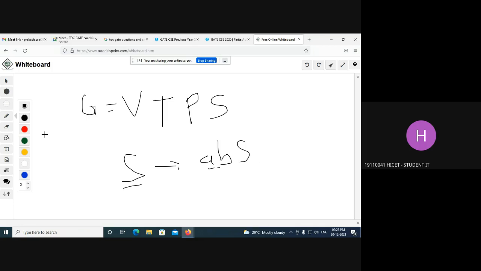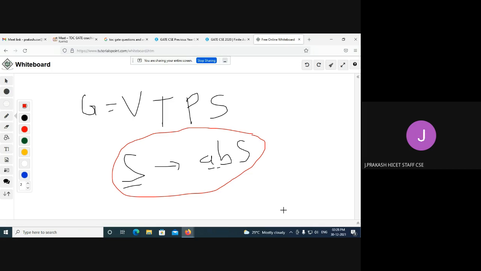The entire term is called production, and S is the start symbol. Is it clear? What is grammar? Variable, terminals, the entire production S implies AB S.